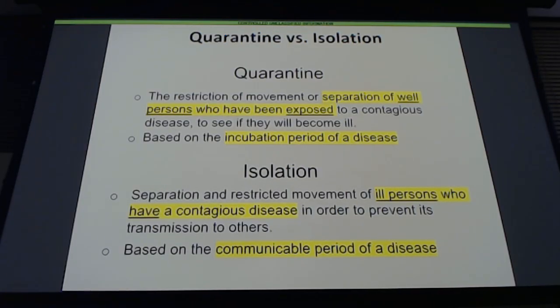Versus isolation, where it's separation and restriction when there's an ill person who had a contagious disease, right? So if I showed up with tuberculosis, where I could spread it to everybody, right, they would take me and they would isolate me someplace until that communicable period of the disease was over, so I don't spread it to folks. The other deal, quarantine, you could probably do at home, which is what we did during COVID.